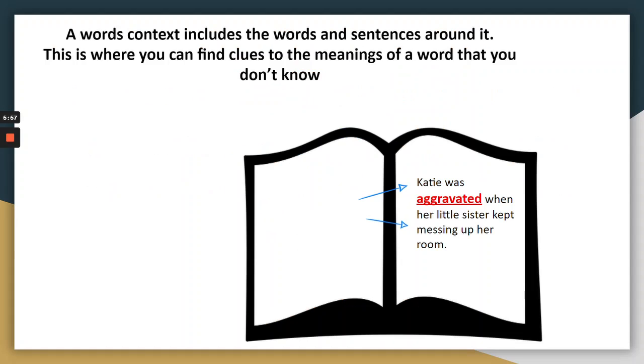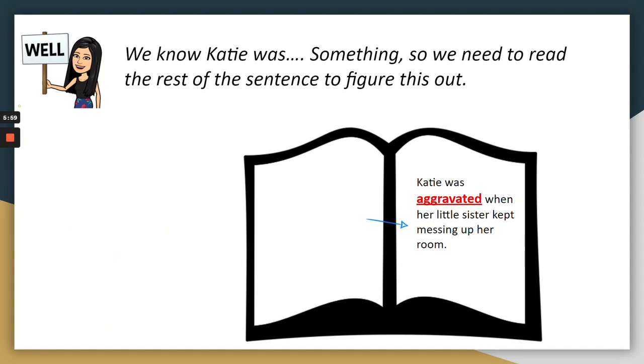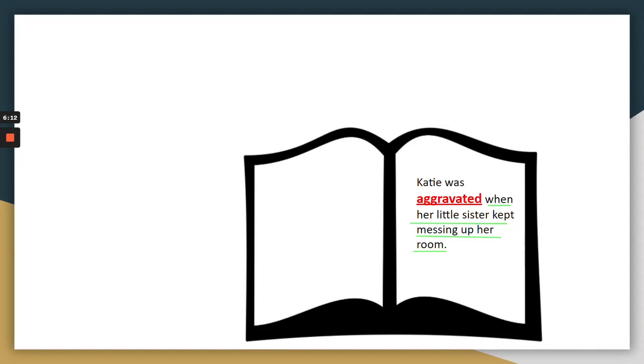Okay, we're going to try to find out what aggravated means. Well, we know that Katie was something, okay? So we need to read the rest of the sentence to figure this out, just like I just explained. When her little sister kept messing up her room.